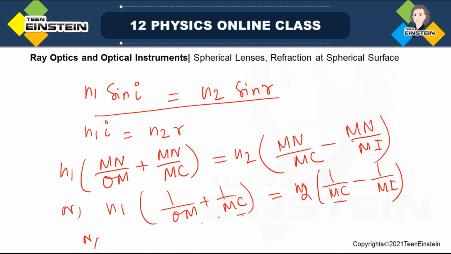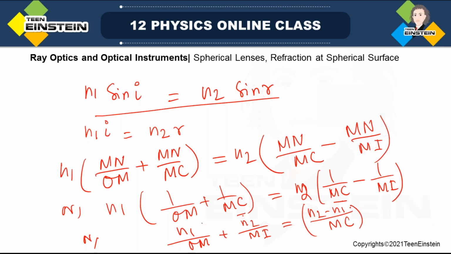I'll take N1 by OM and N2 by MI on one side since it is positive, and then I take MC over there, so I get N2 minus N1 over MC.